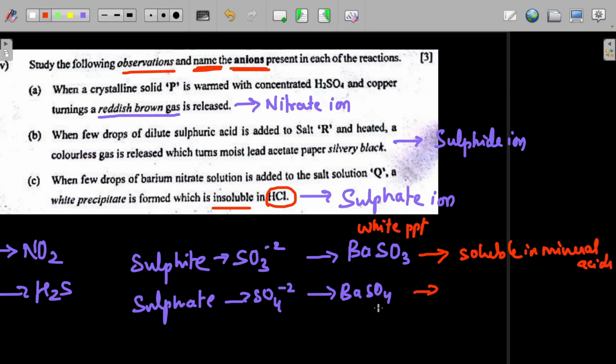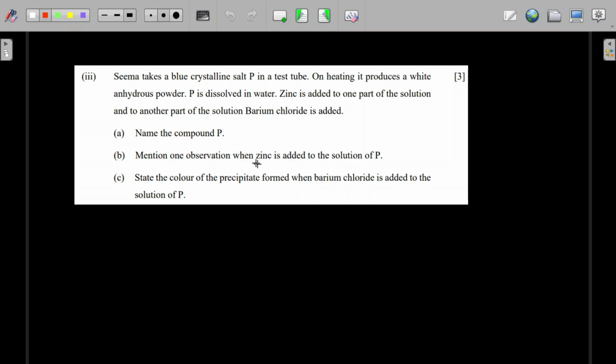But sulfate remains insoluble in mineral acids. So the answer should be sulfate, not the carbonate, not the sulfite. Always remember, whenever barium is there, a white precipitate is most of the time sulfate only, and specifically if they mention insoluble in HCl, it is 100% sulfate.